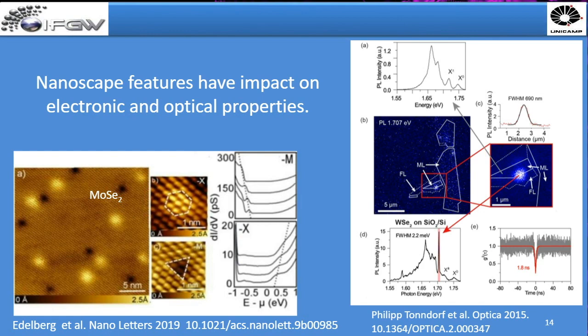So you see that just removing one single atom from a TMD, in this case tungsten selenide, you can create a single photon source, which has several interesting applications in technology as well.